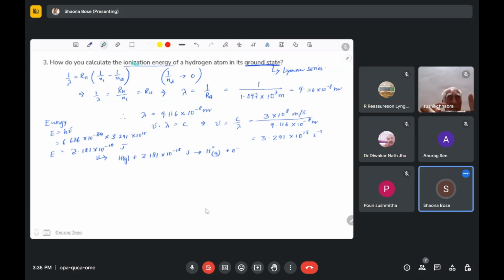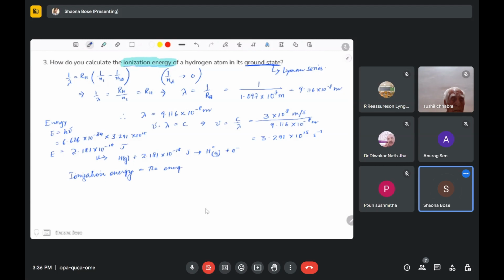But the ionization energy implies that we need the energy which is required to remove, let me just write it here, ionization energy.